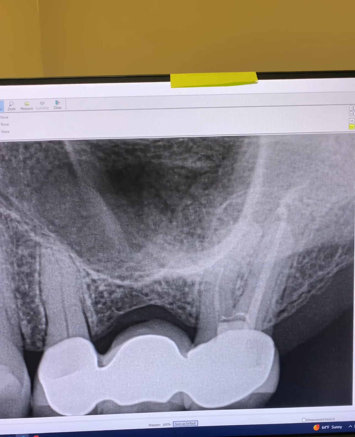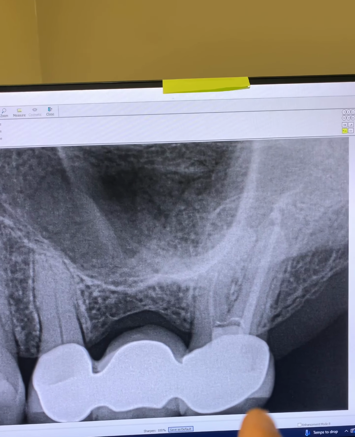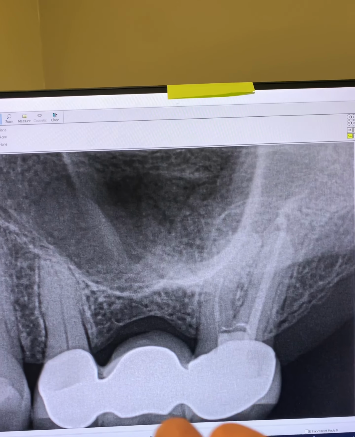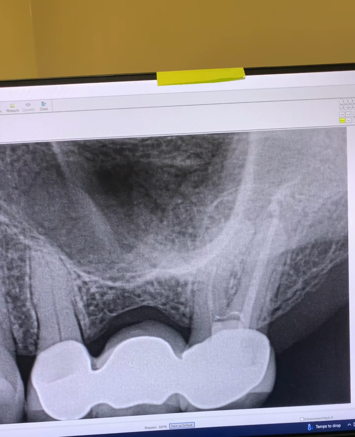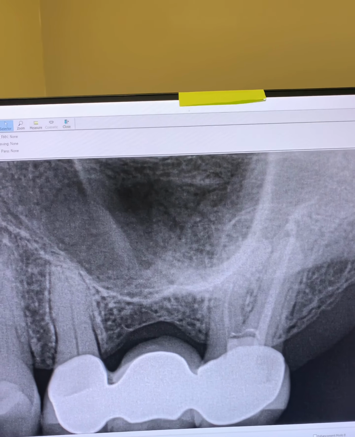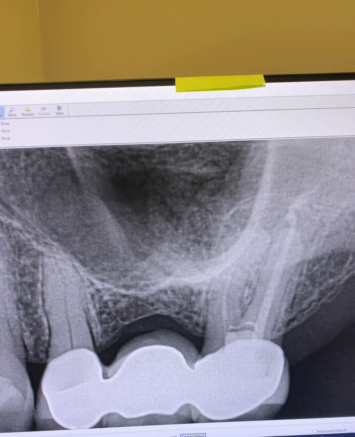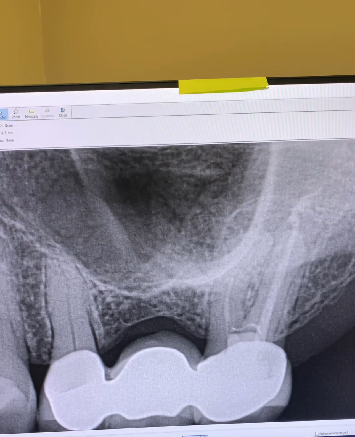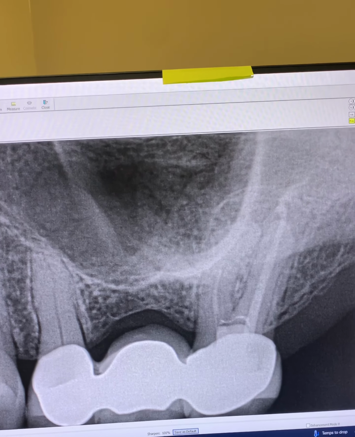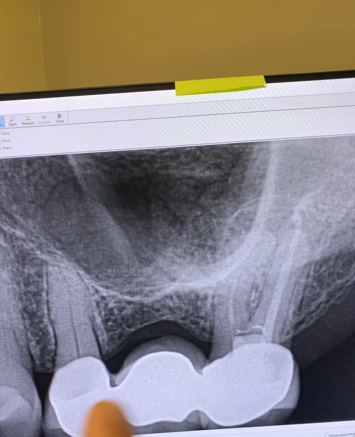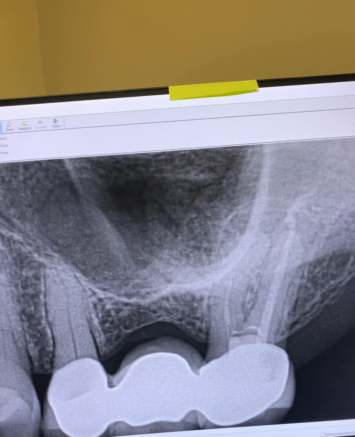And patient doesn't want to extract the tooth because, as you can see, it's an abutment to a 3-unit bridge that's only 3 years old. So patient says, please, I want to try to save the tooth, and the general dentist refers the patient to us. So as you can see here, again, tooth number 15 is an abutment to a 3-unit bridge.